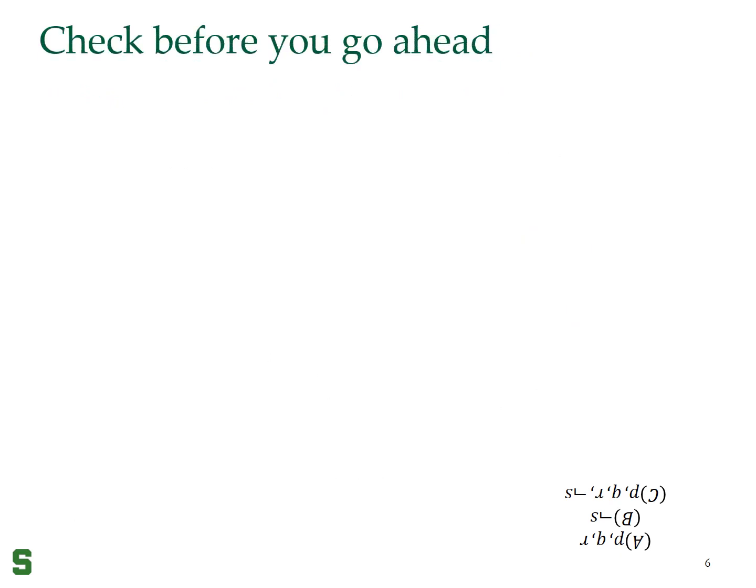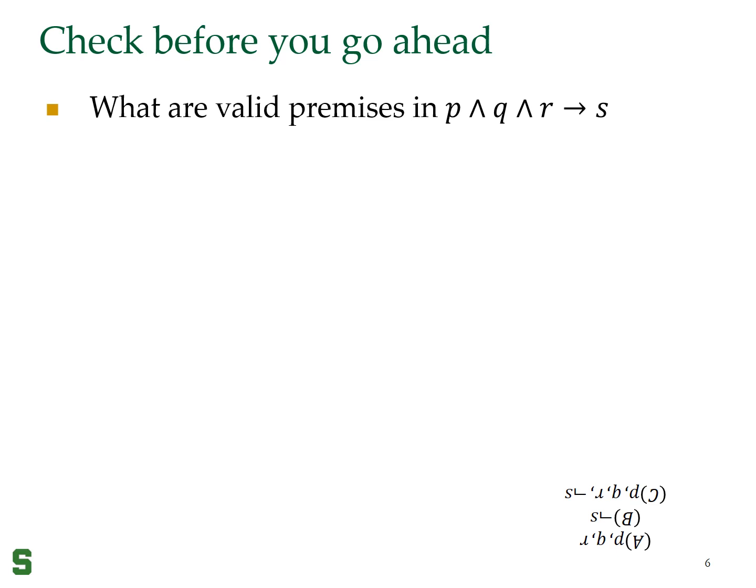Once again, we have reached the check before you go ahead slide. What I want you to get from this part of the video is what the different types of proof approaches are, namely direct, proof by contrapositive, and proof by contradiction.